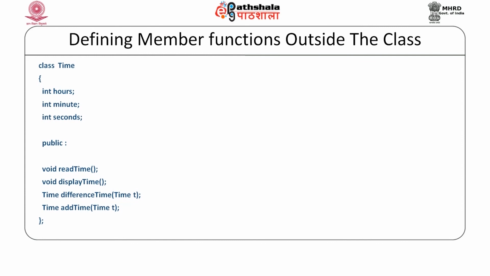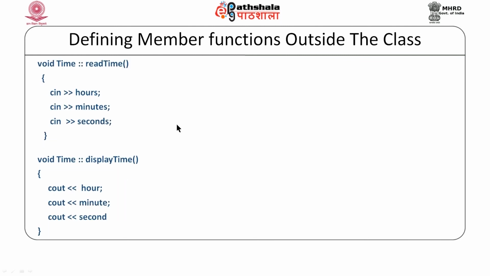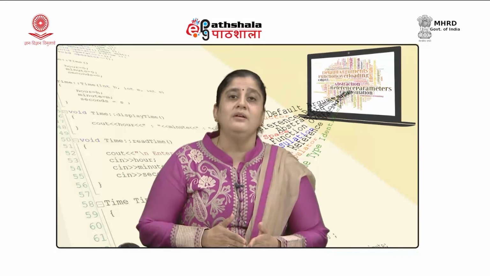Now, let us see that when I need to define the function outside the class, how do I define it? I can define that function outside the class, but the compiler would not be able to know whether the function that I am defining is a member of a class or it is an independent function.